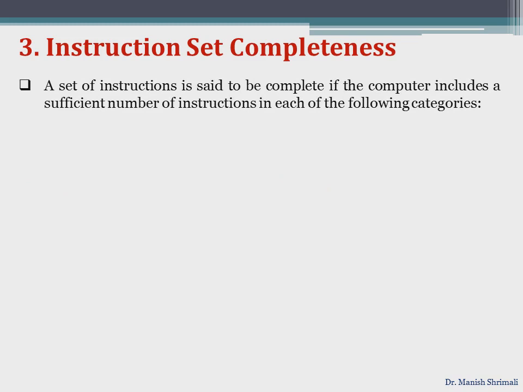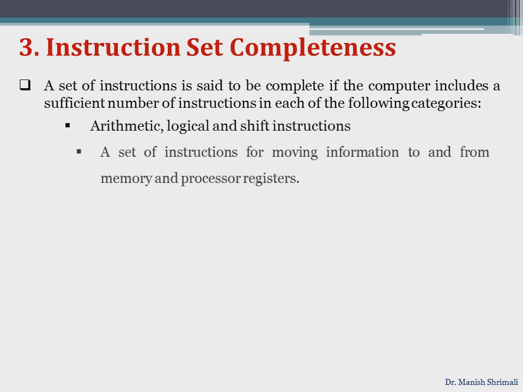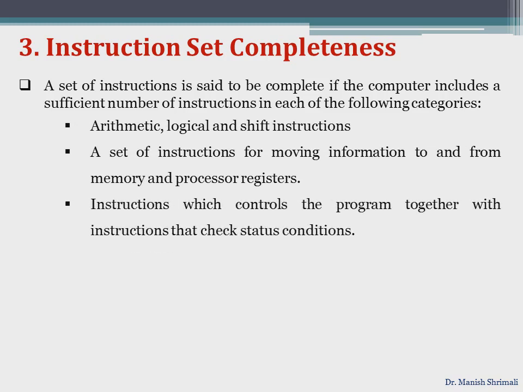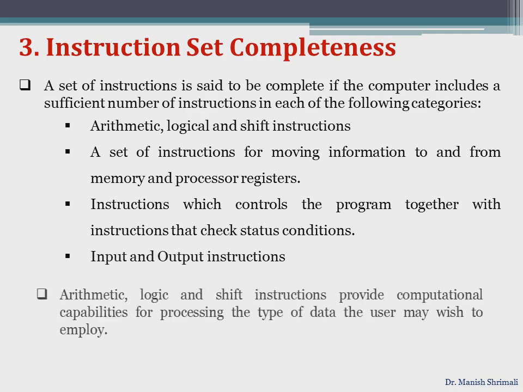A set of instructions is said to be complete if the computer includes a sufficient number of instructions in each of the following categories: arithmetic, logical and shift instructions; a set of instructions for moving information to and from memory and processor registers; instructions which control the program together with instructions that check status conditions; and input and output instructions.